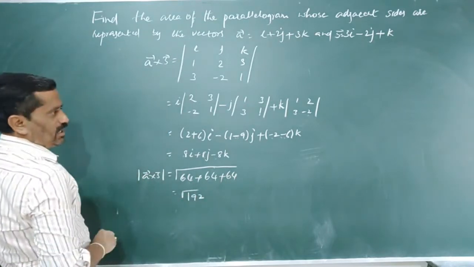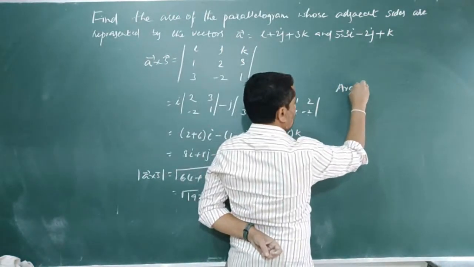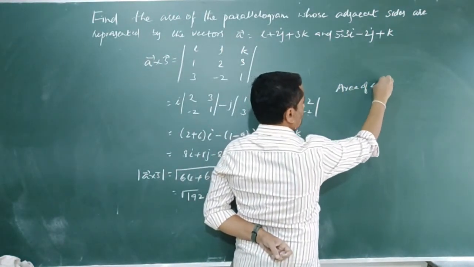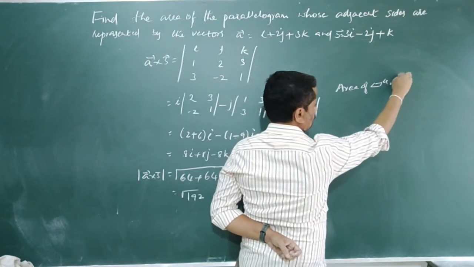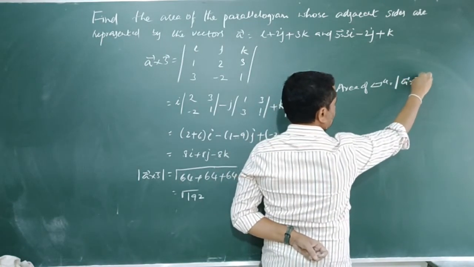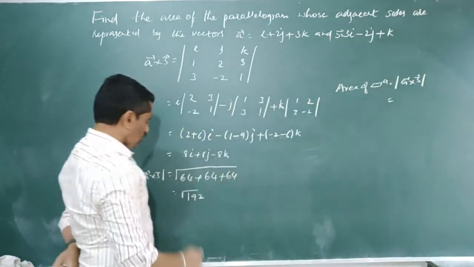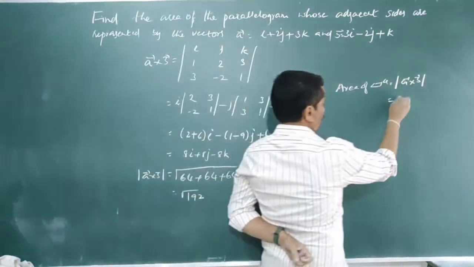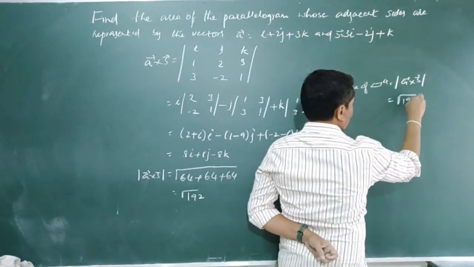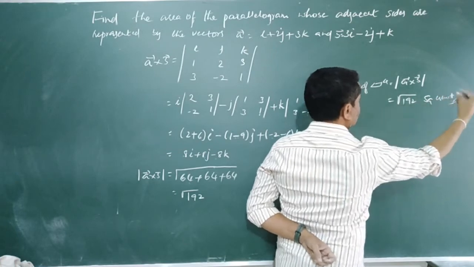Therefore the area of the parallelogram is equal to, we have the formula, the magnitude of a bar cross b bar. Again that is equal to root 192. Therefore root 192 square units.